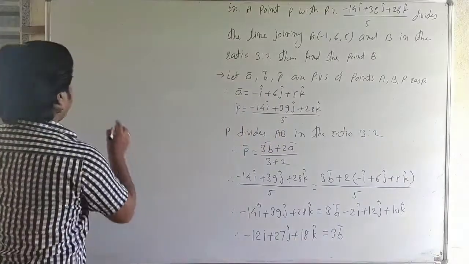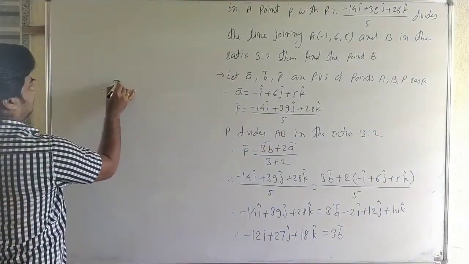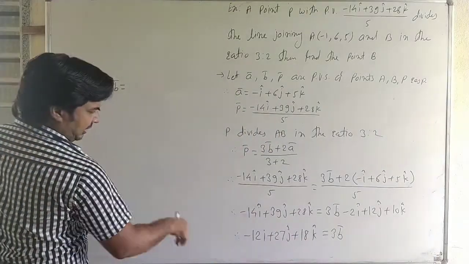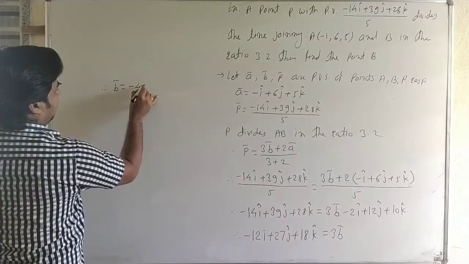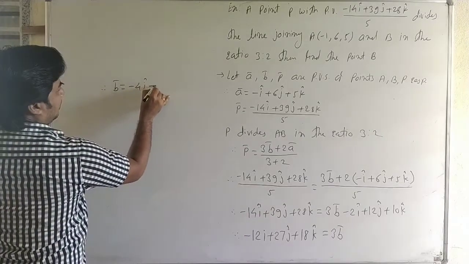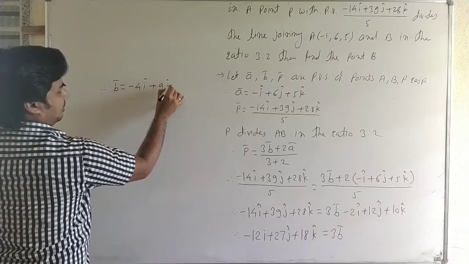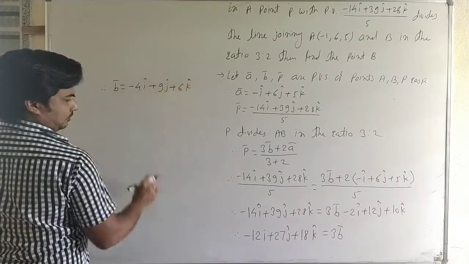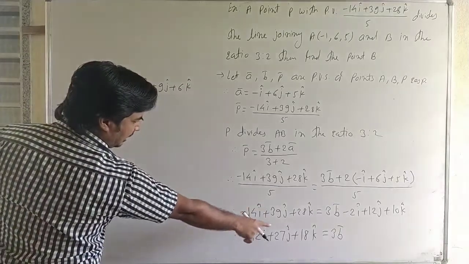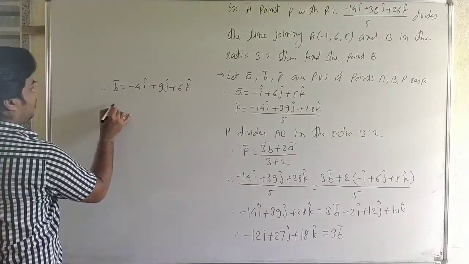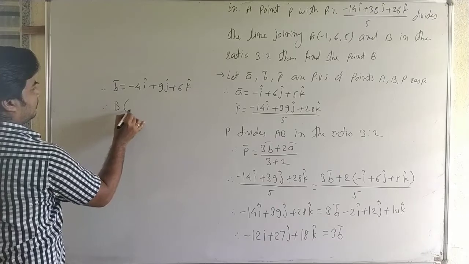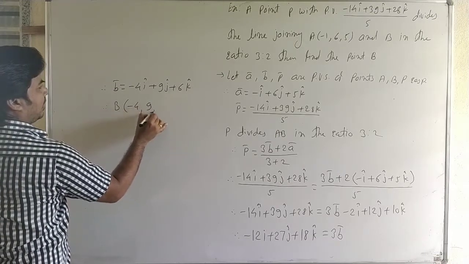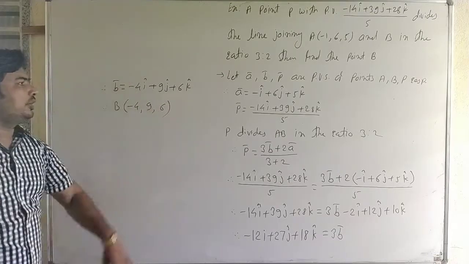Therefore B bar is equal to, dividing by 3, minus 4 I cap plus 9 J cap plus 6 K cap. So the coordinates of point B are minus 4, 9 and 6. Okay, it is the point B.